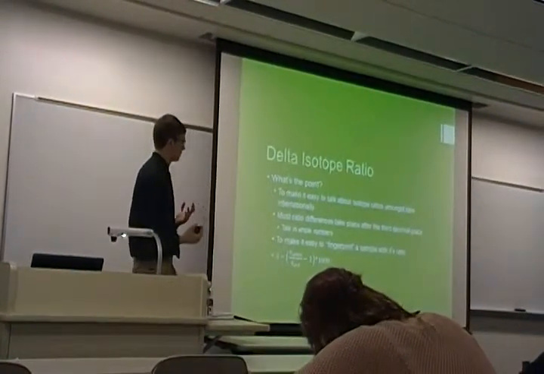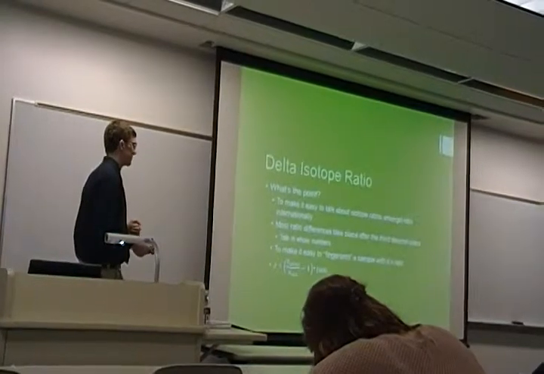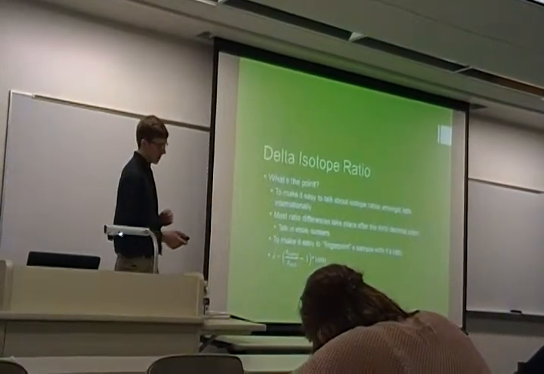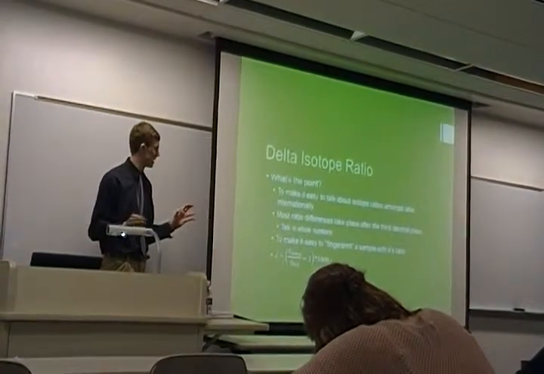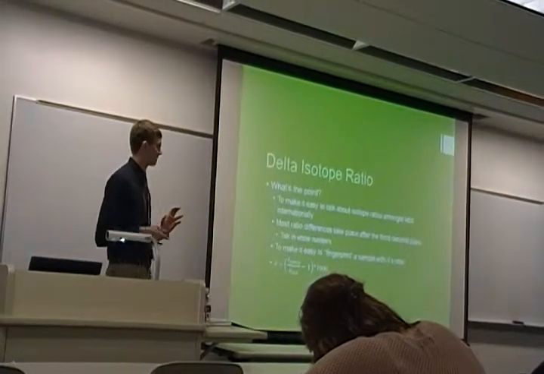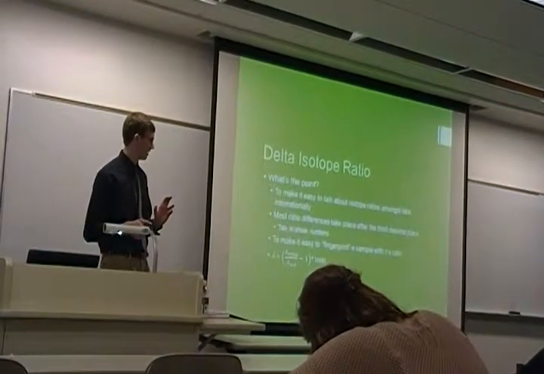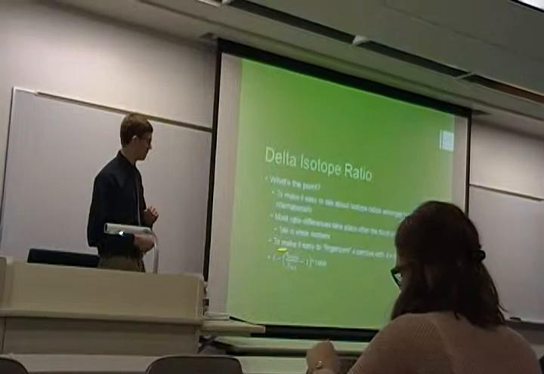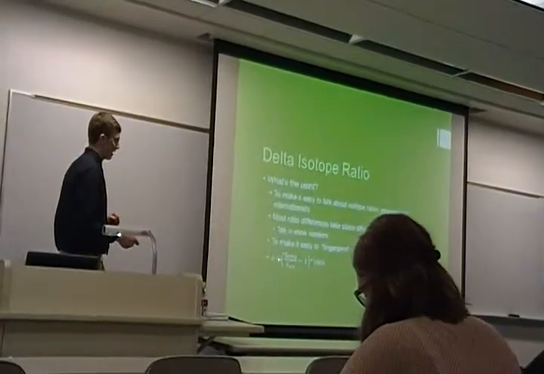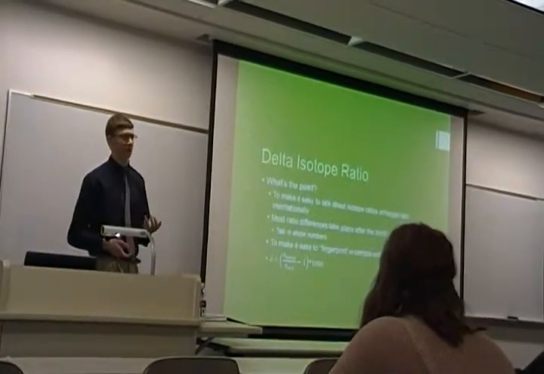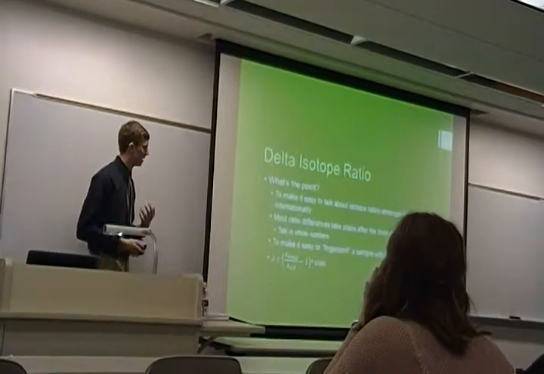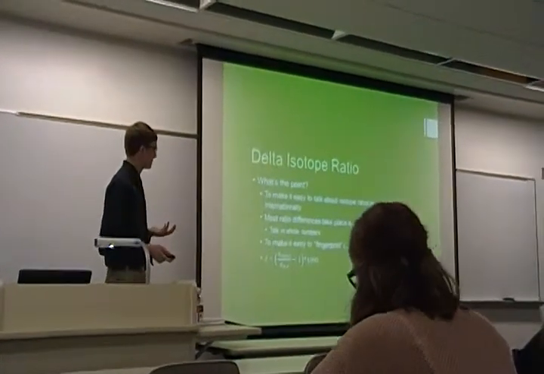It's called the delta isotope ratio. Because the differences in ratios between two different samples usually happen after the third decimal place, we input it into this equation, and it allows us to talk in whole numbers. It just makes it really easy to communicate the differences between samples.